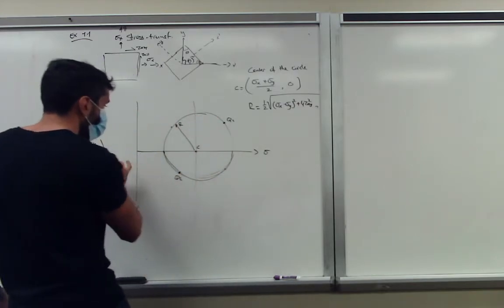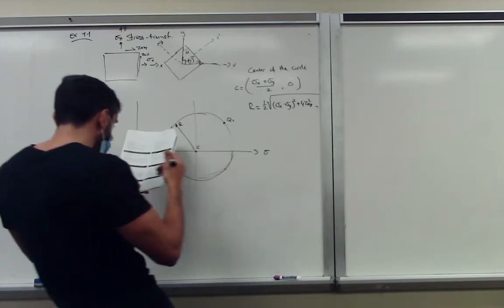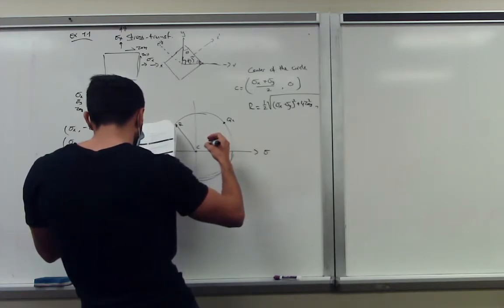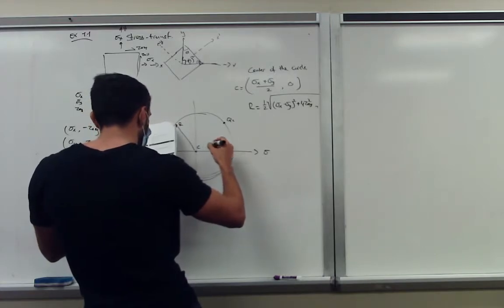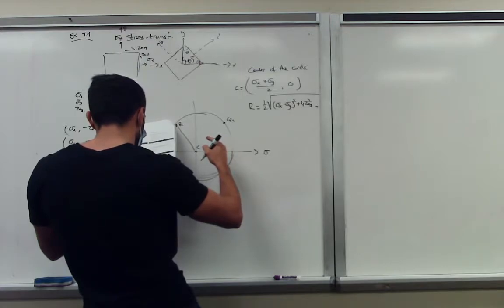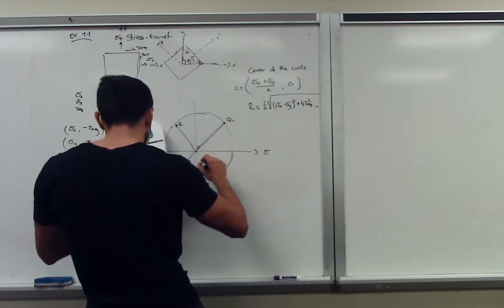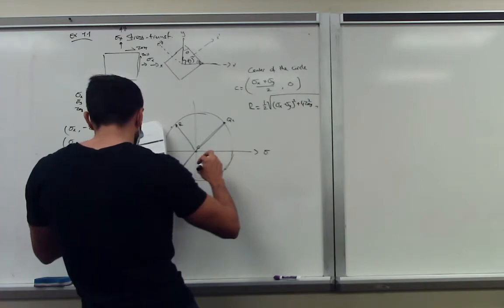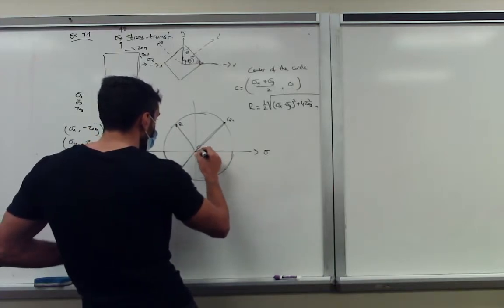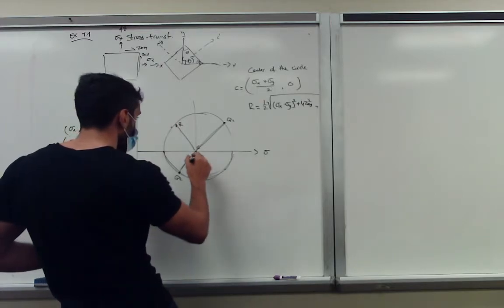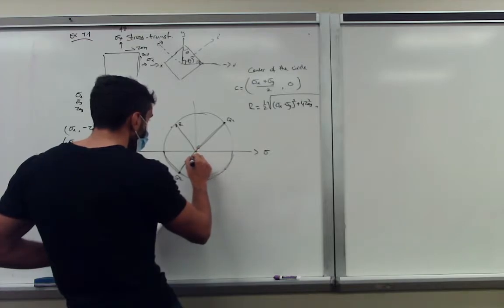Because if you draw it a bit better, what we also know is that once we have this angle, this basically becomes 180, of course, because it's a straight angle.